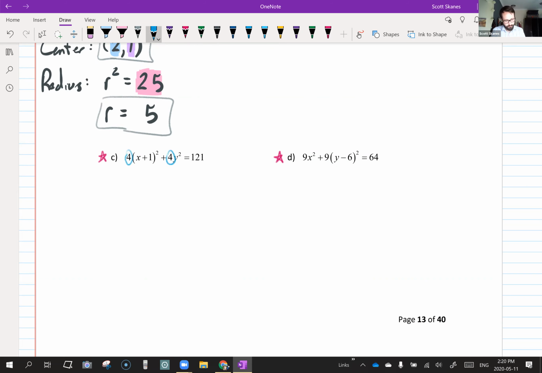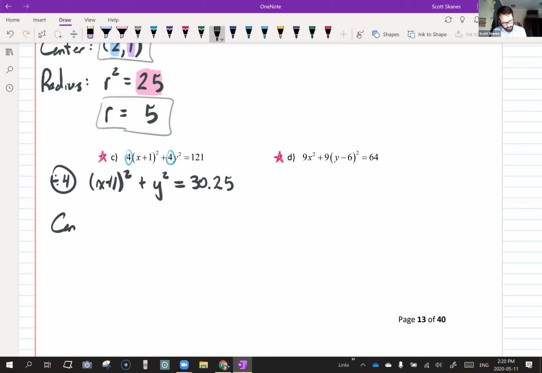They should be 1. So divide everything by 4 first. What do you get? Well, you end up getting x plus 1 all squared plus y squared. And then 121 divided by 4 is 30.25. Or we can say it stays the fraction. In any case, we have what we need.